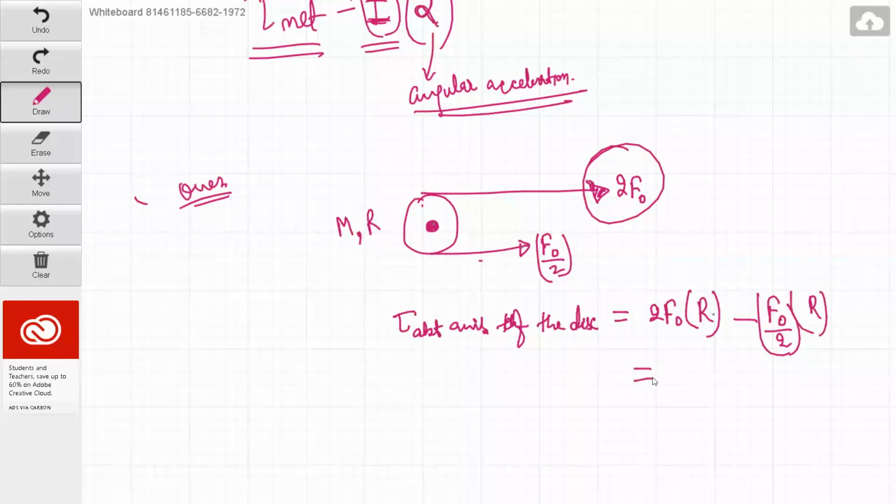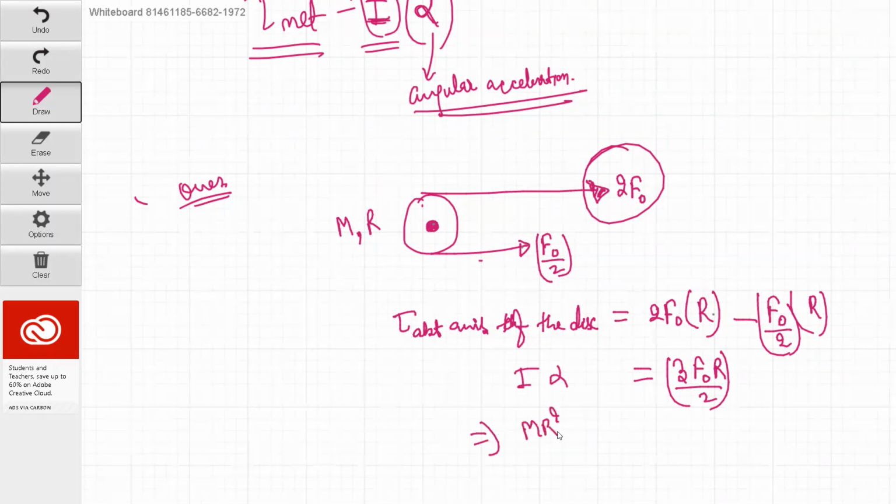Is this okay? So it will be equal to 3f naught r by 2. This is the torque. Hope you understand.